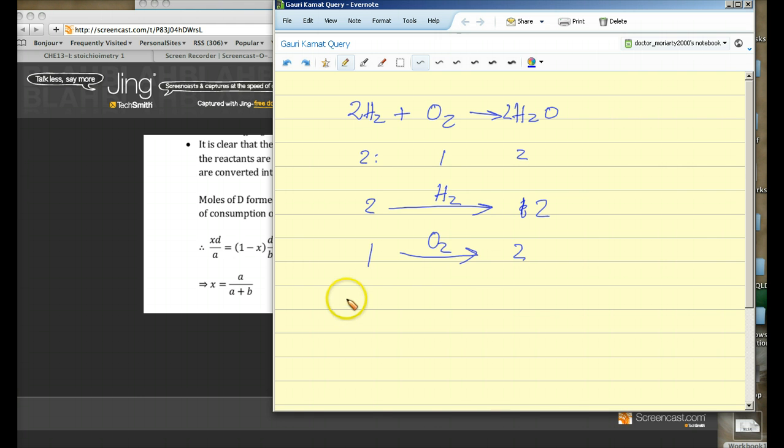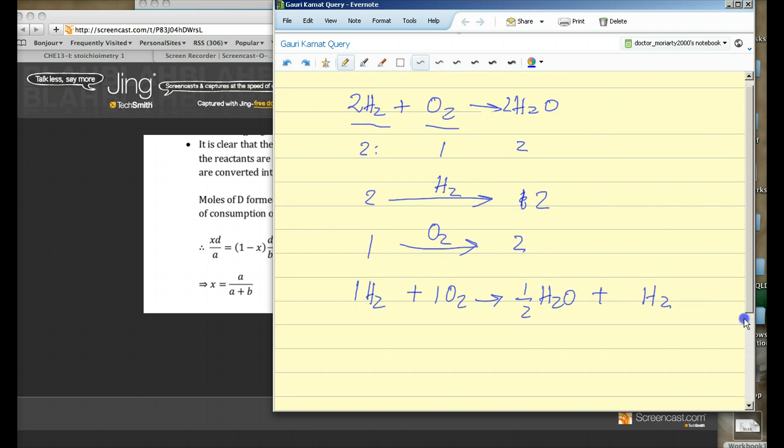Now let's say instead of mixing 2 moles of hydrogen with 1 mole of oxygen, we do, for instance, 1 mole of hydrogen plus 1 mole of O2. You know that this is only going to give you half a mole of water, and you're going to be left with some H2.